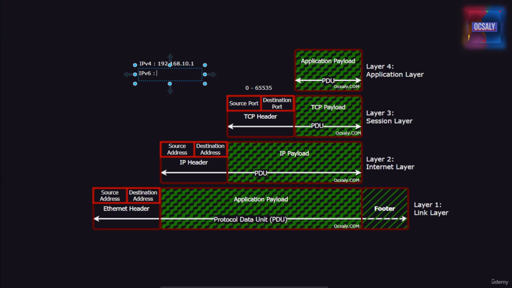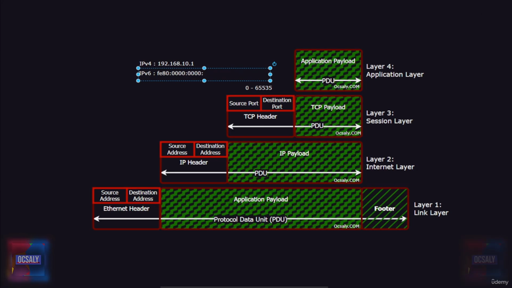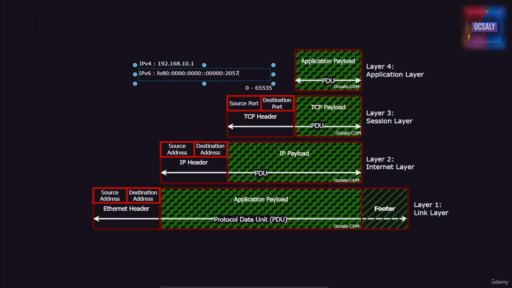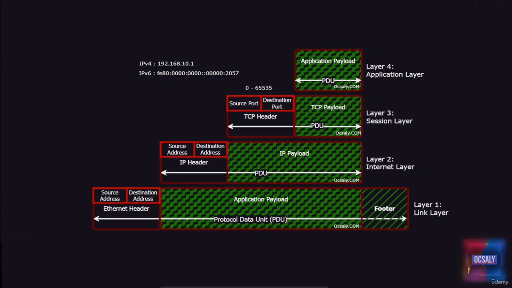IPv6 addresses are usually written as hexadecimal numbers separated by colons, for example FA80 followed by four groups of 0000. Actually, let me increase the size here. So this is an example IPv6 address.